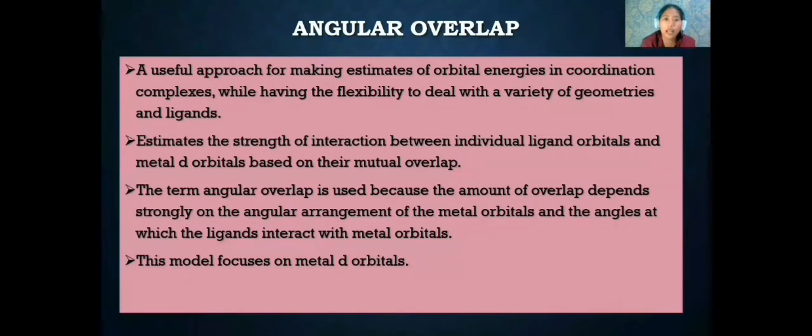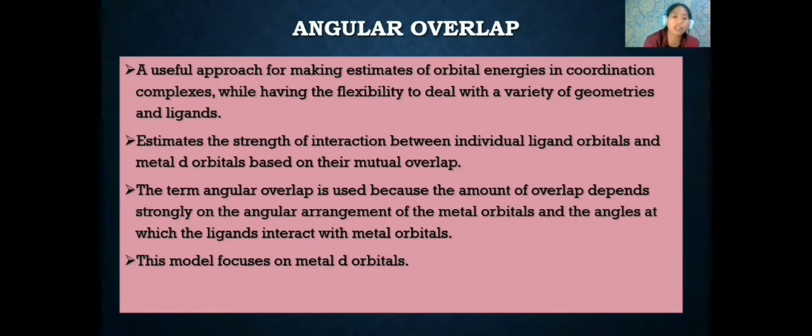So we have here the angular overlap. This is a useful approach for making estimates of orbital energies in coordination complexes, while having the flexibility to deal with a variety of geometries and ligands. This estimates the strength of interaction between individual ligand orbitals and metal d orbitals based on their mutual overlap.